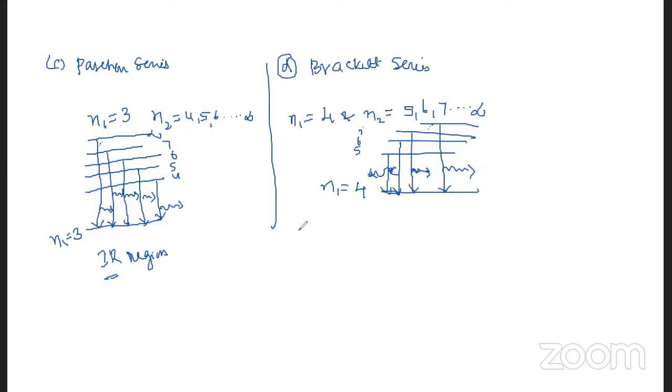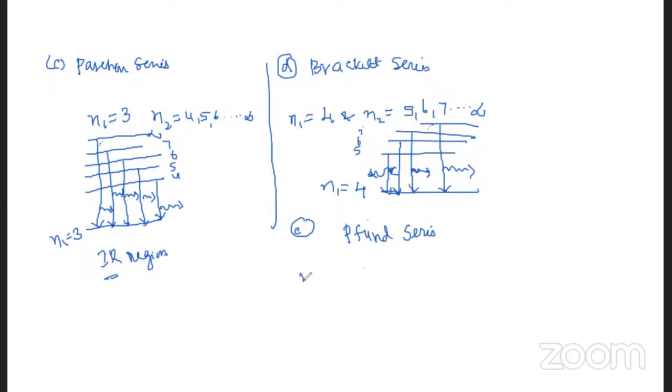And next one, we call it the Pfund series. This series consists of all the wavelengths which are emitted when an electron jumps from an outer orbit to the fifth orbit, that is the O orbit, which gives rise to this Pfund series.